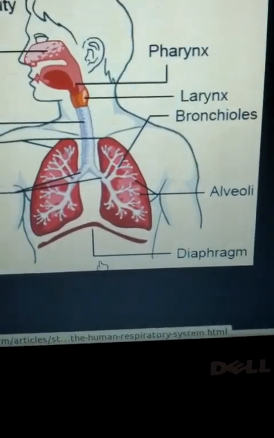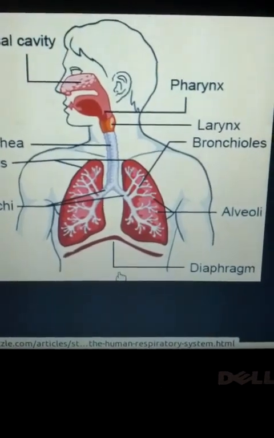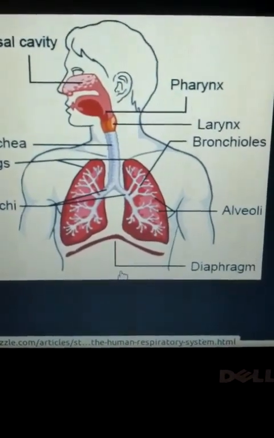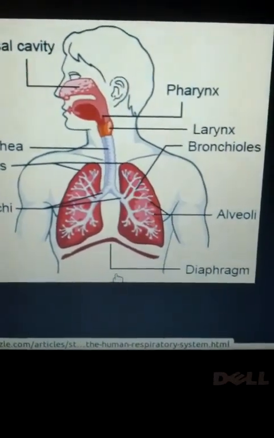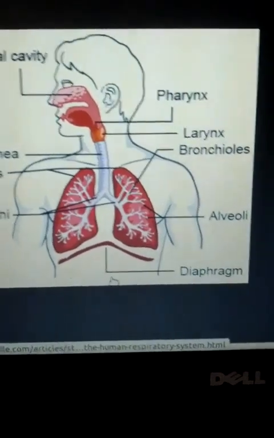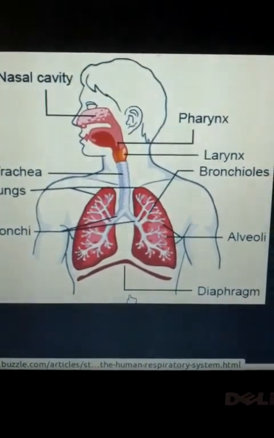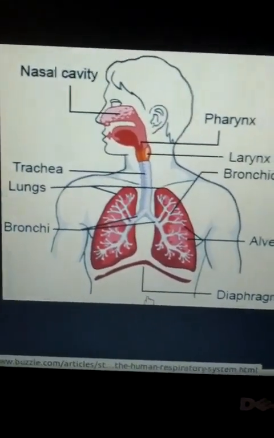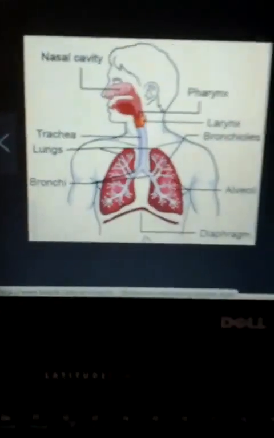This continuous repeated process is known as respiration. So when we breathe in, the oxygen is absorbed, and when we breathe out, the carbon dioxide, moisture, and a little part of toxin are pushed out. This process is breathing or respiration.